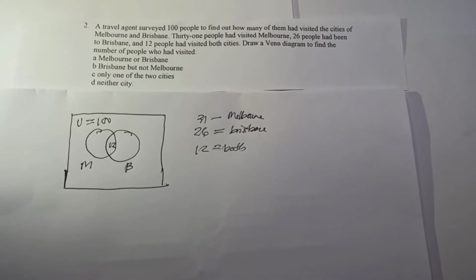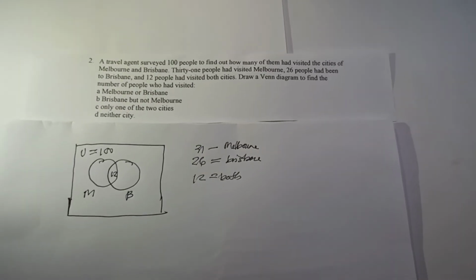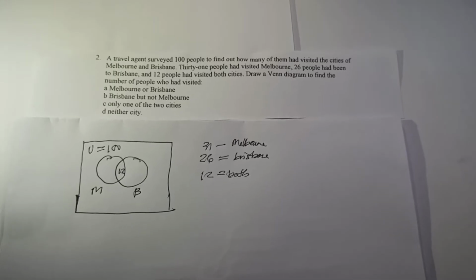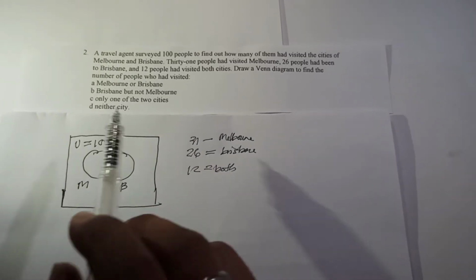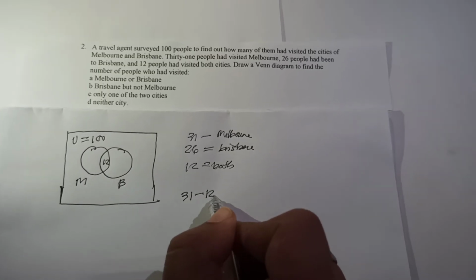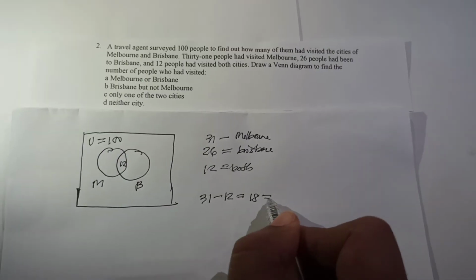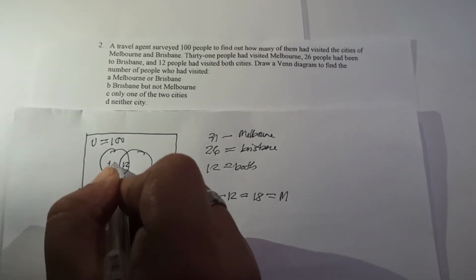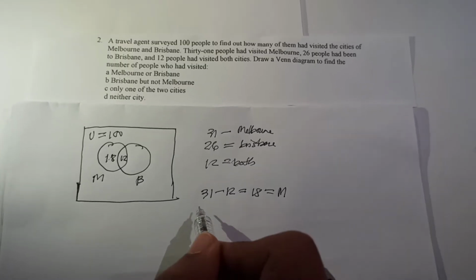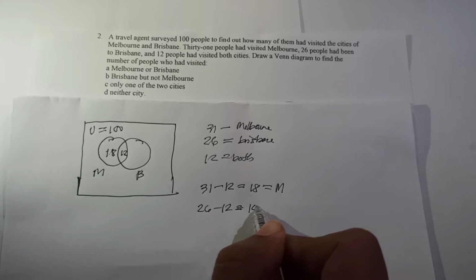In order for you to get only Melbourne, we have 31 minus 12, that is equal to 18. So this is for Melbourne only. And for Brisbane, we have 26 minus 12, that is equal to 14.